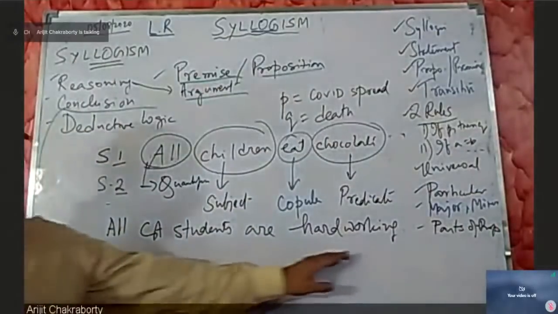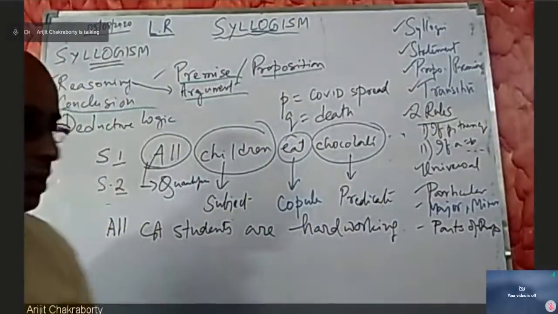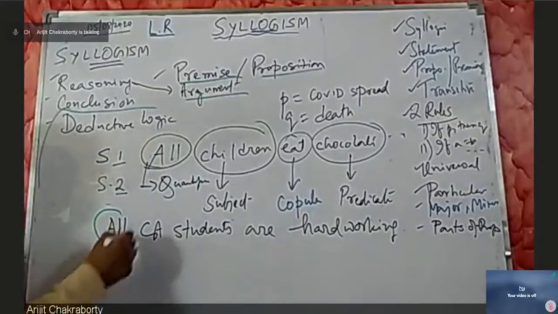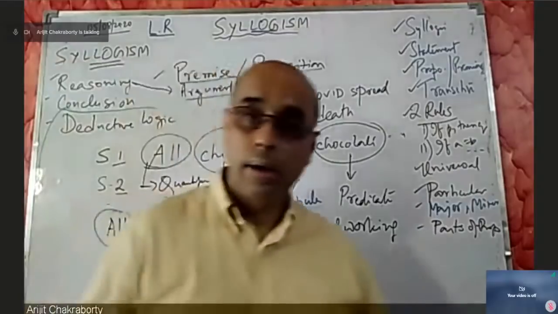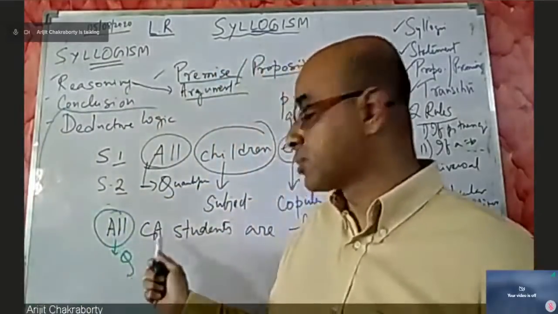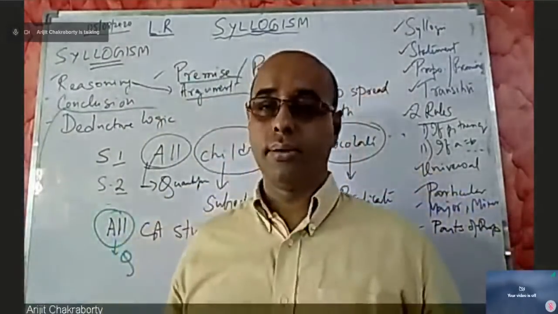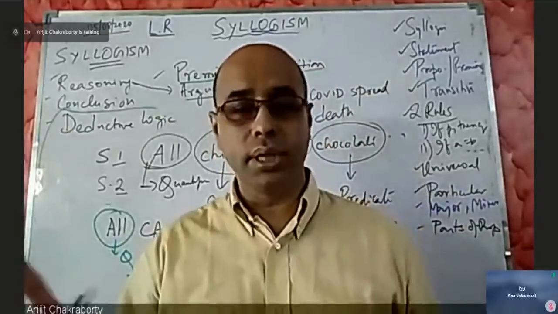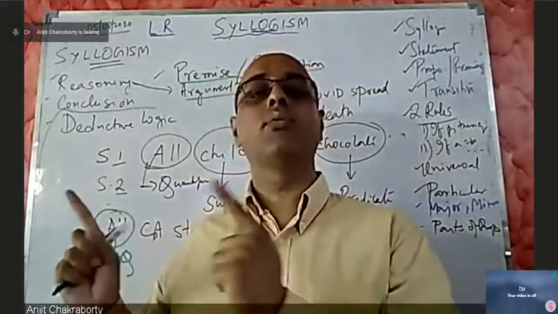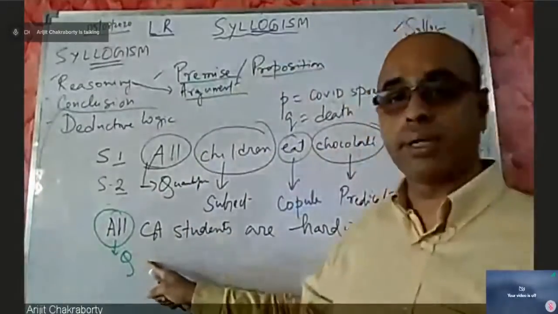Now, which one is the quantifier? The quantifier is this one. I am writing Q, quantifier. All. If I write some CS students are not serious, the word some is a quantifier. So the first is quantifier. Please note.